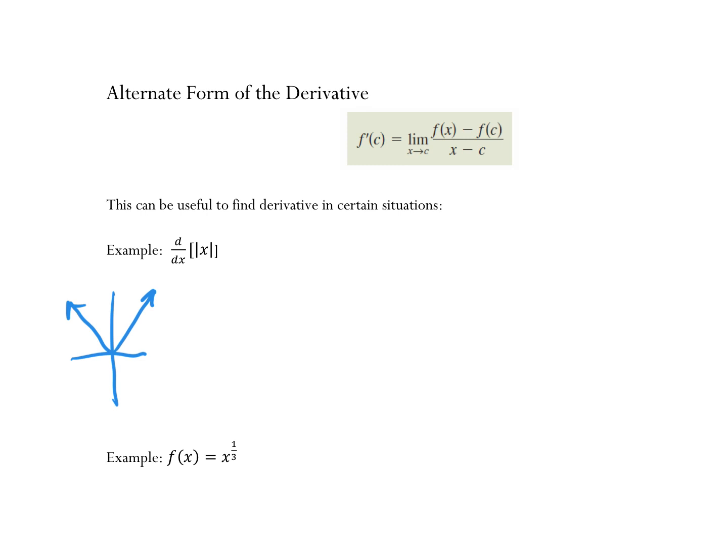So for example, we might say, what is the limit as x approaches 0 from the left? That would be the absolute value of x minus 0, over x minus 0.